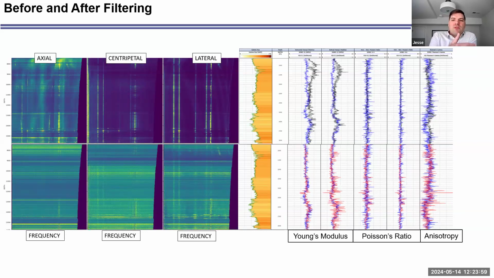So before we filter out BHA resonance, it's hard to actually capture the geomechanical response. Once we filter all that out, we apply our again spectral attribute estimates, calculate stress strain, run it through Hooke's law. Now we have a pretty good match here to what's happening with the geomechanics along that lateral.